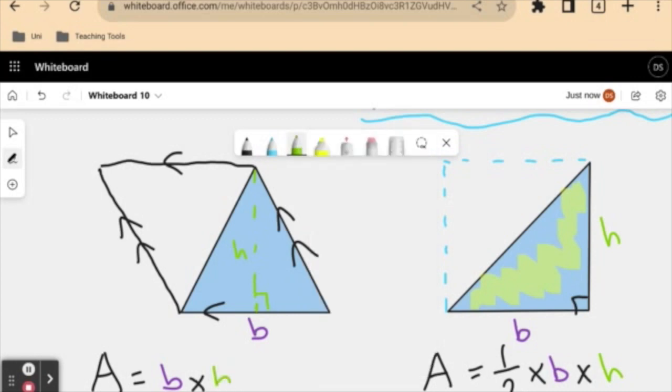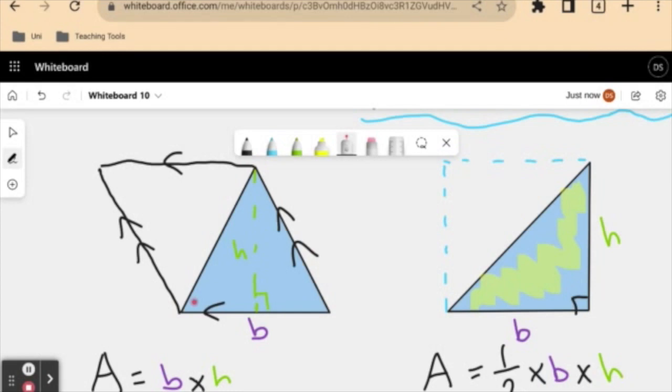But once again, what portion of our parallelogram does our triangle make up? Well, this shaded bit here, this blue shade of our triangle, makes up exactly half.